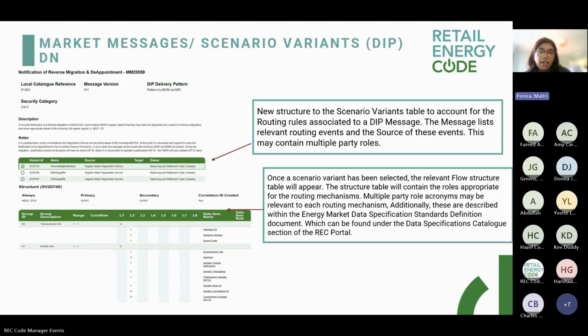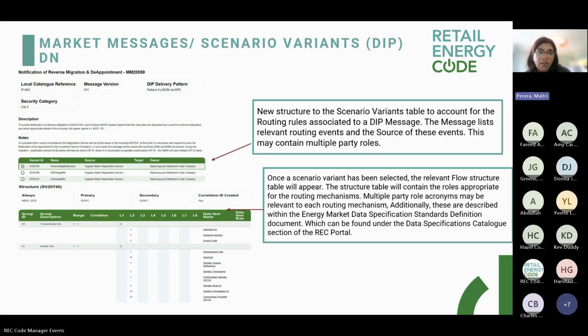So on this slide, we're looking at scenario variants and reviewing the new structure for market messages and scenario variants in DIP DM. This structure accounts for routing rules associated with DIP messages, the message list, relevant routing events, and the source of these events, which may include multiple party roles.